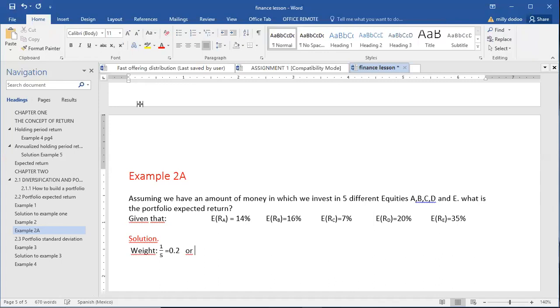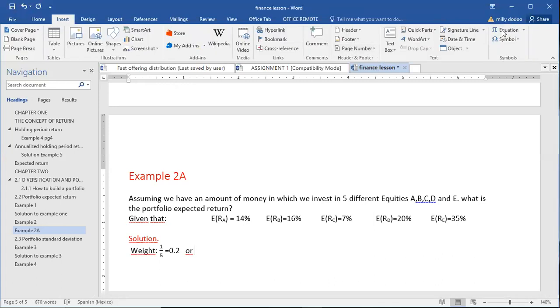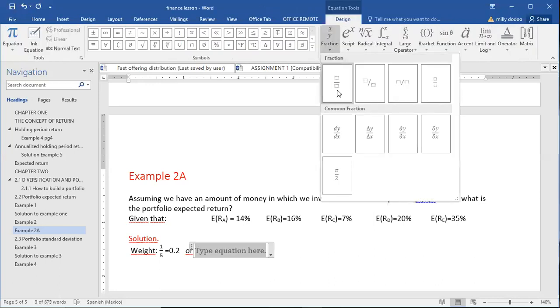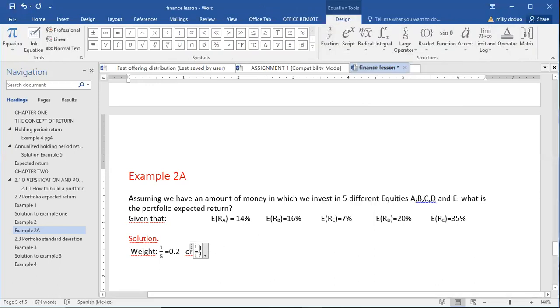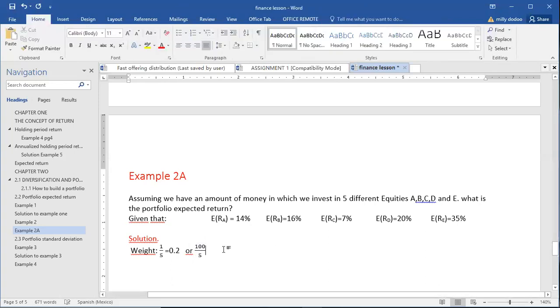Or you do 100 divided by 5, and then you are going to get 20% for all of them, which is equal to 0.2. So this is the weight you are going to use.